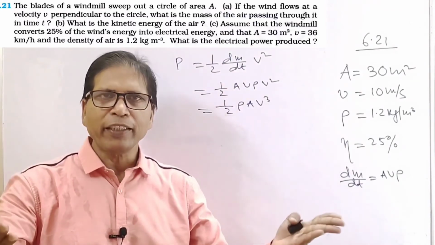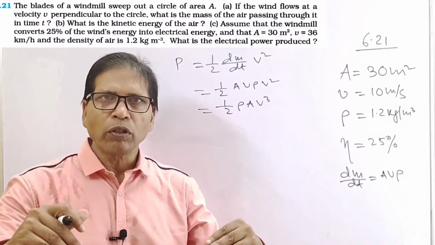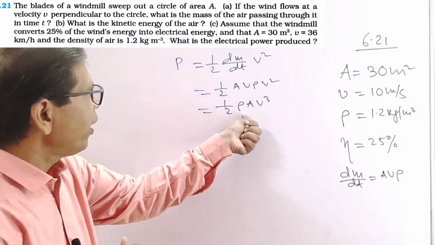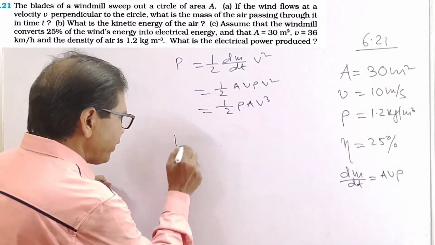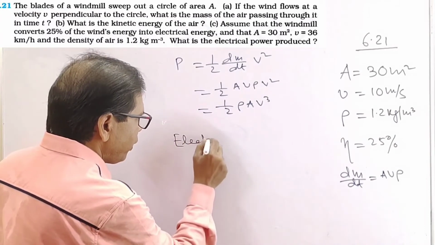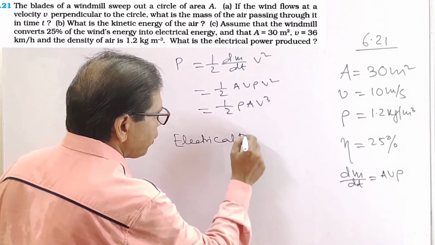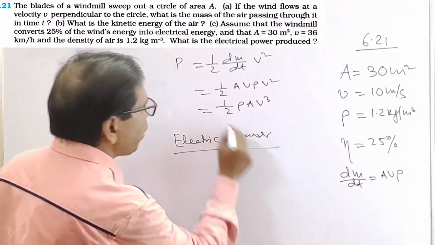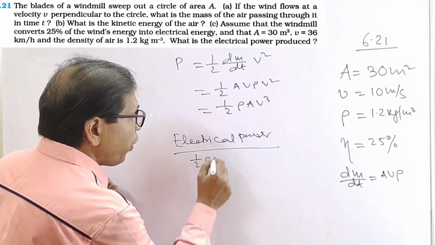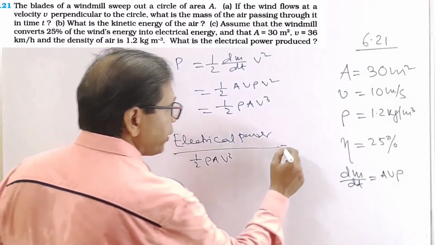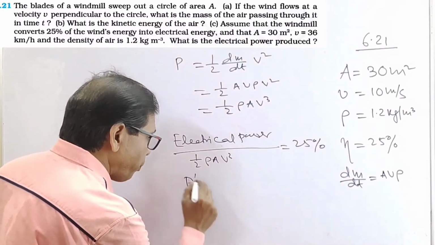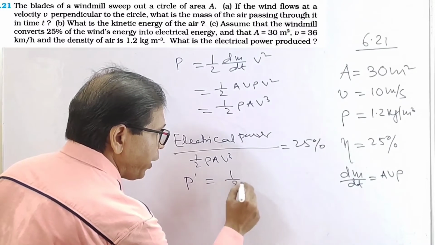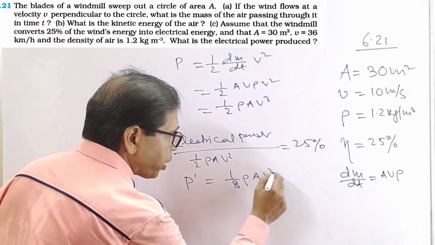We know the efficiency equals output by input. Here input is the wind power, output is the electrical power. So the electrical power divided by wind power, that is half rho A v cube, is 25%. So the electrical power P dash is 1 by 8 rho A v cube.